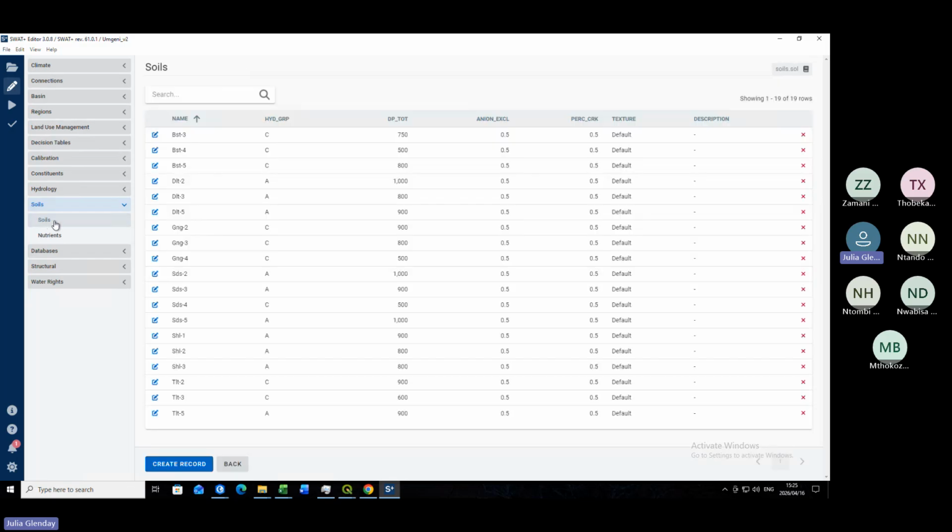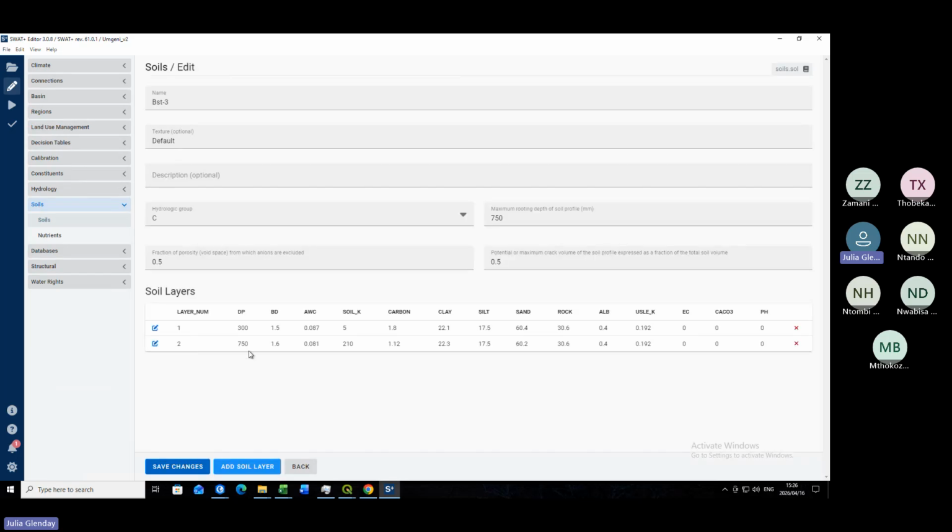It shows the various properties in different tables, and the layers are here. So I can also modify them once the model is set up within the SWAT Plus editor to try and improve performance.